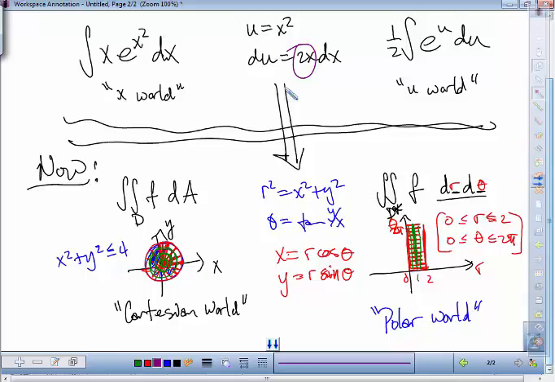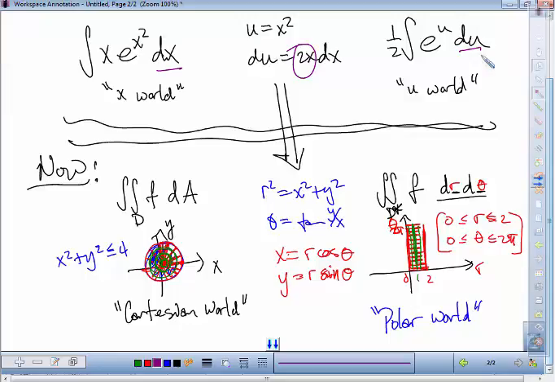Back in calculus, Calc 1, Calc 2, in the old days, when we change variables, there's a differential that takes place. We need to replace this dx with something else, or we want it in terms of the new variable, right?